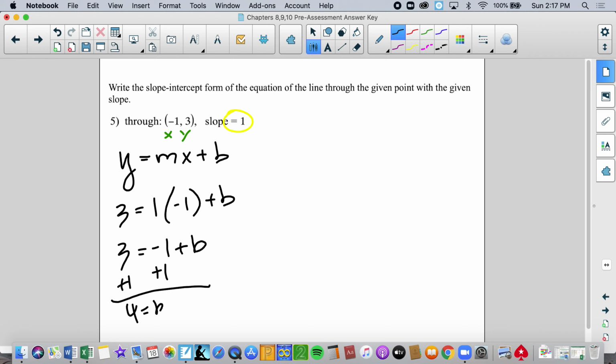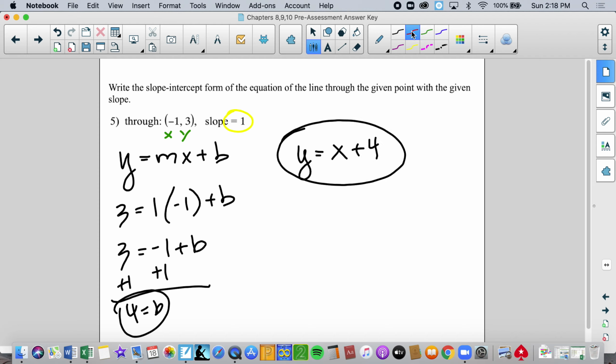We get 4 equals b. Now I know my slope is 1, so I don't have to write anything in front of the x. I do not want to see y equals 1x plus 4. We just leave it as x. We know that the coefficient is 1 in that case.